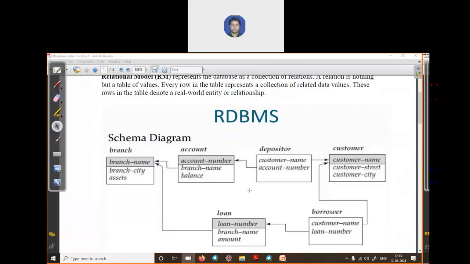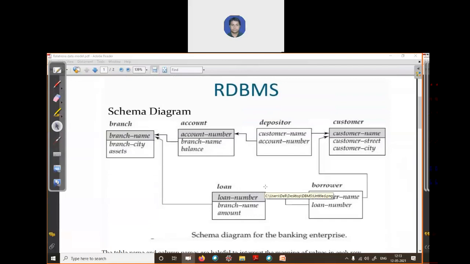So here I just wrote one database for a bank. There are n number of tables. Suppose, just see, branch is one table in your bank database. Account is one table, depositor one table, customer is one table, borrower is one table, and loan is one table. Whatever you see under each table is the attributes.